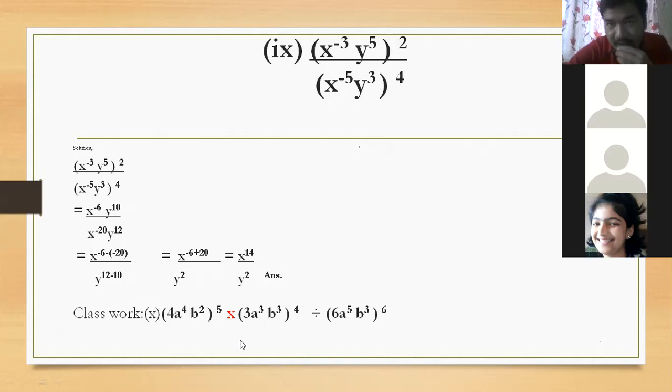You can solve it easily. First of all, write up multiply 1 and draw a long line, and upon write 6a to the power 5 b cube and whole power 6. Okay? You can do it. Sir, the answer is 16 by 9 a square before.